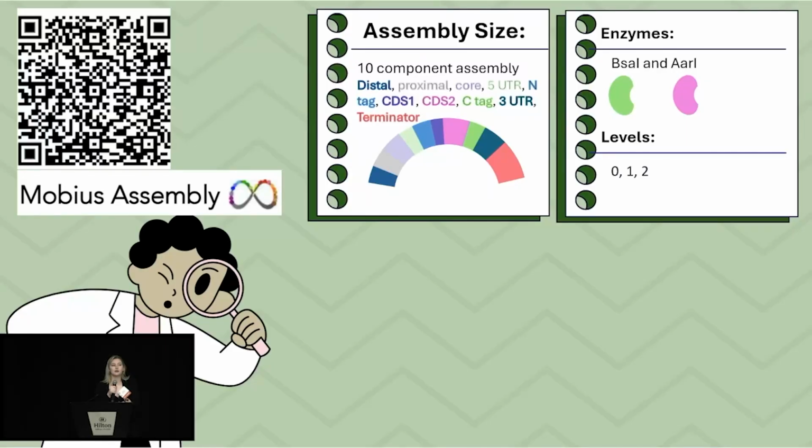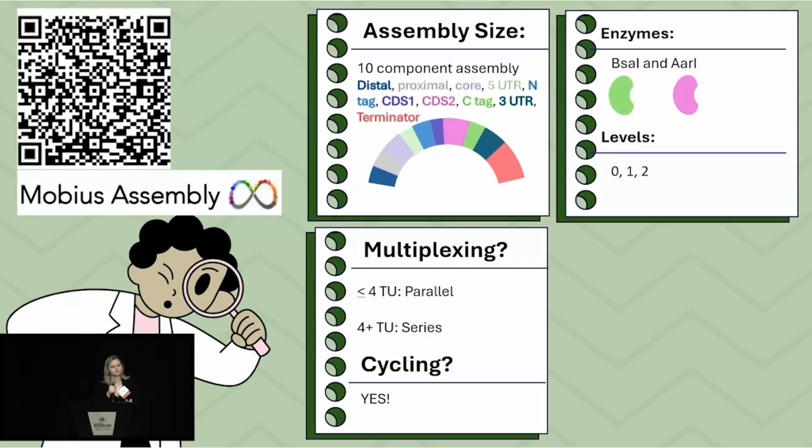They do revert to the typical syntax of having a level 0, 1, and 2 plasmid. They opt for using AAR1 because it has a longer recognition site, so they say that it makes it less likely that you'll see that recognition site in one of your constructs or in one of your inserts, so less of a concern in that matter. It does allow for multiplexing.